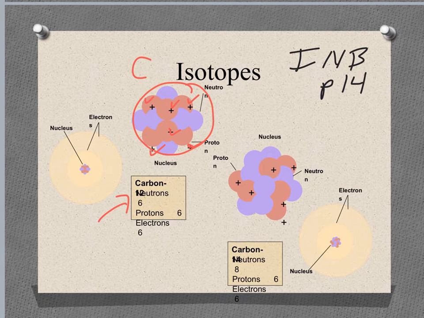Now here, I also have 6 different protons, but I have more neutrons. 1, 2, 3, 4, 5, 6, 7, 8, where over here I only have 6 neutrons, right? You see the difference there? And in here, your protons plus your neutrons is what is going to give you your mass. And that's what makes the difference there.